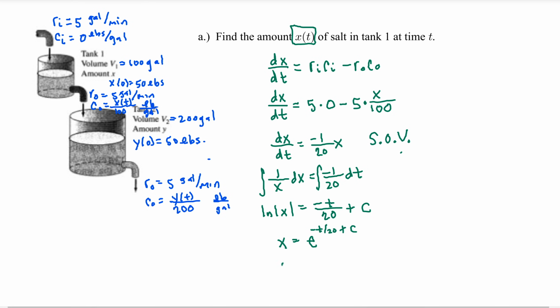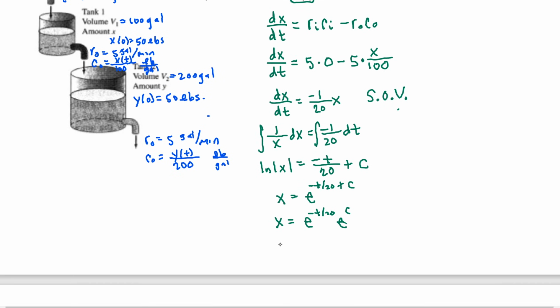And as we've seen a couple of times now, we can rewrite that exponent on the right side as a product of like bases and simplify that e to a constant as a new constant. So c e to the negative t over 20 is the general solution for the amount of salt in tank 1 at time t. So this is our general solution for tank 1.